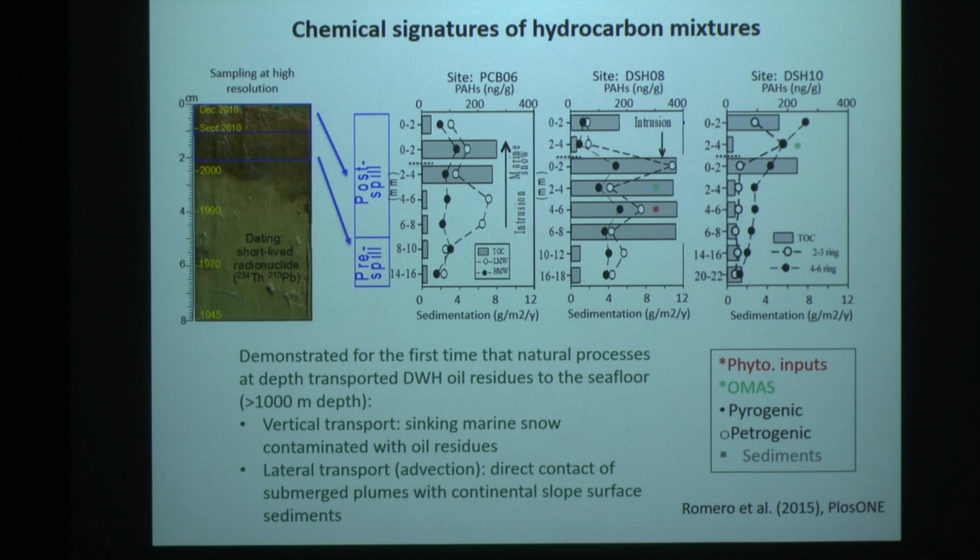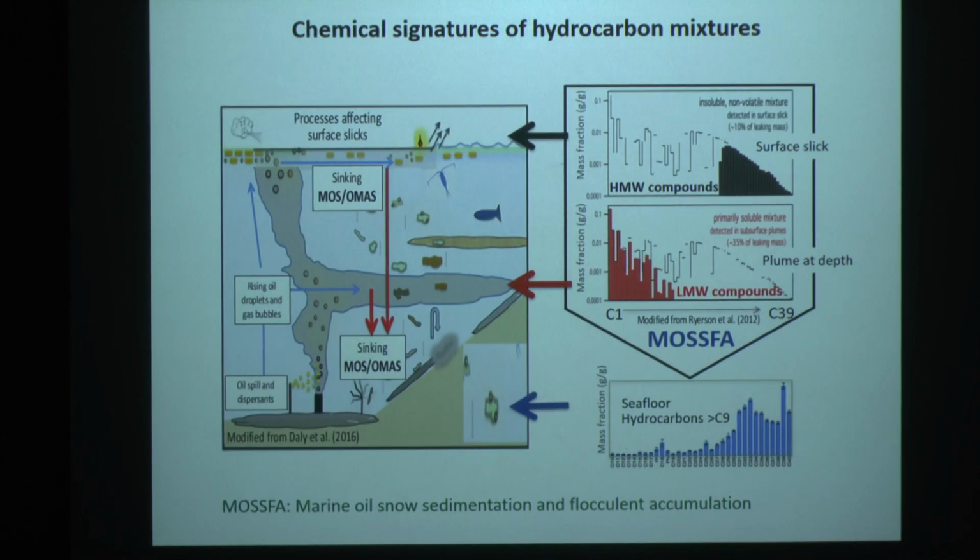So to better explain this, I'm going to use Kendra's conceptual model that she published in 2016. This is a great summary of what happened to the oil that was released at depth, which shows that part of it formed these submerged plumes, containing mostly low molecular weight compounds, while the rest went to the surface of the water column and formed these oil surface slicks composed mostly of high molecular weight compounds.